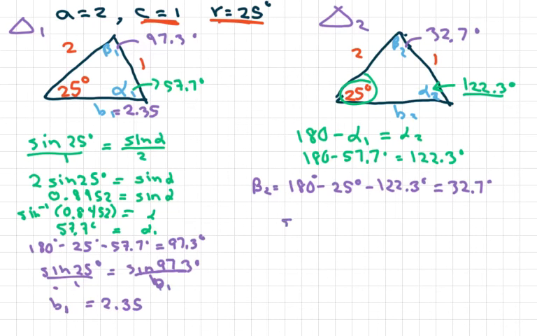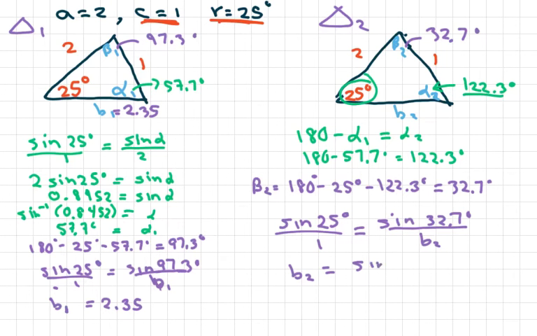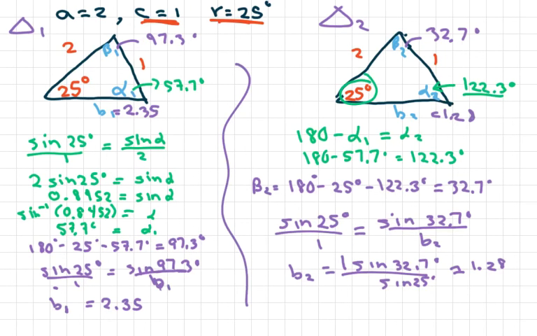And then you just use the law of sines again. Sine of 25 over 1 equals sine of 32.7 degrees over what you're looking for, which is our second b. So b2 equals sine of 32.7 degrees over sine of 25 degrees, and that's approximately 1.28. So there's your two triangles.